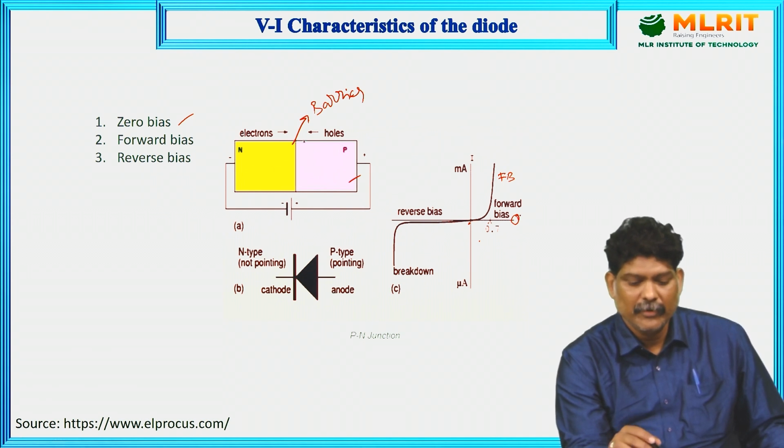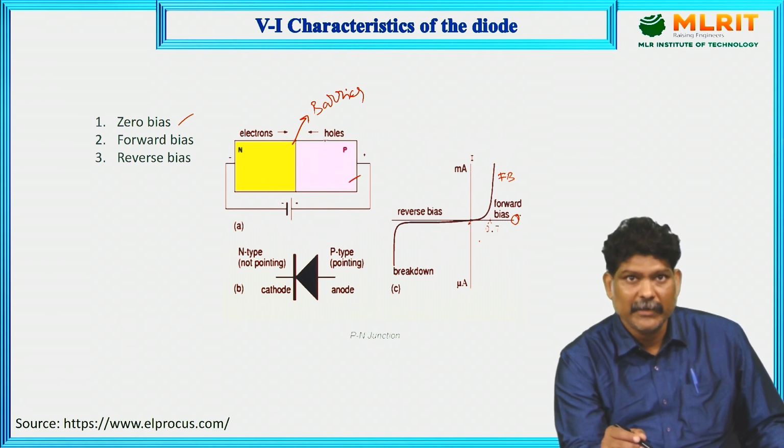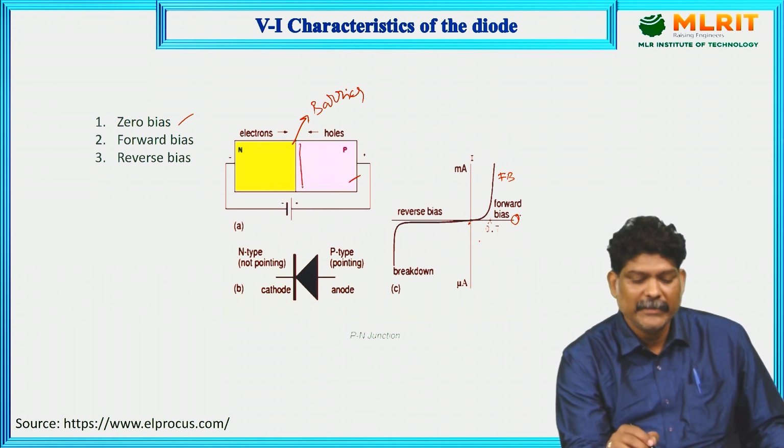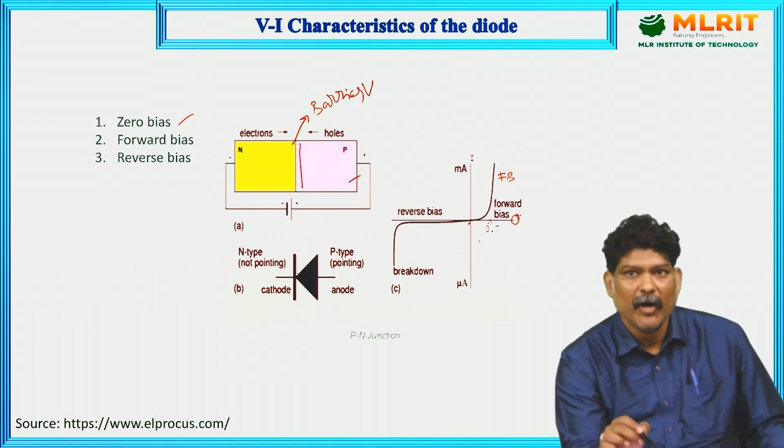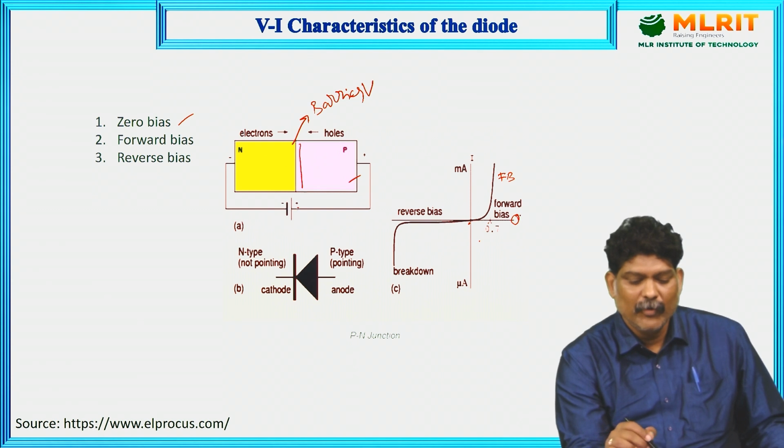Therefore, in order to make the diode conduct, you require some external voltage which should be more than this barrier voltage or barrier potential. Once the applied voltage is greater than this barrier voltage, then the diode starts conducting.